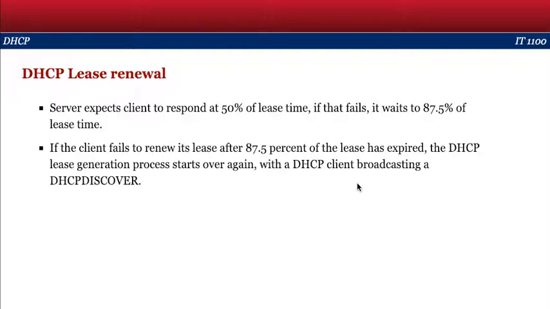If he doesn't, we'll still let him have it until 87.5% of the lease time, which is 8 minutes and 40 seconds or so. If we haven't received another renewal request in that time, the DHCP lease generation process starts over again with the DHCP client broadcasting a DHCP discover message.